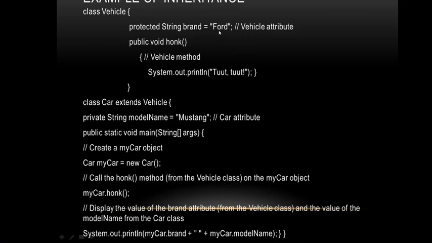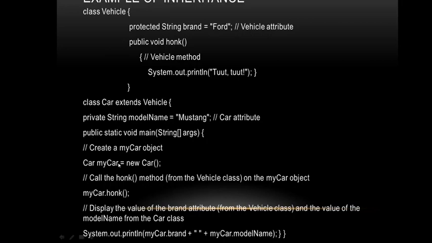So brand is initialized with Ford as a vehicle attribute, and then we have this public void honk method, which prints out toot toot. Then class Car extends Vehicle. That means we are extending Vehicle, and there is a private string model name, Mustang, as a car attribute.